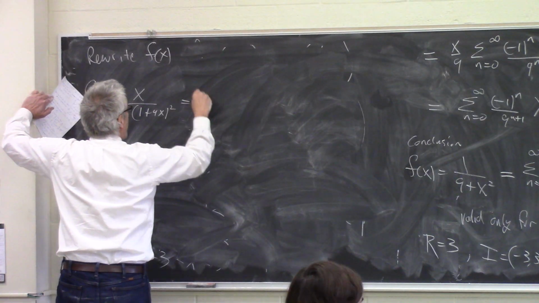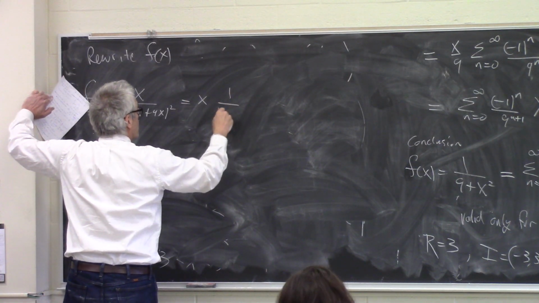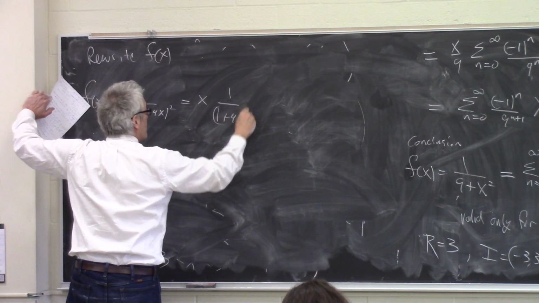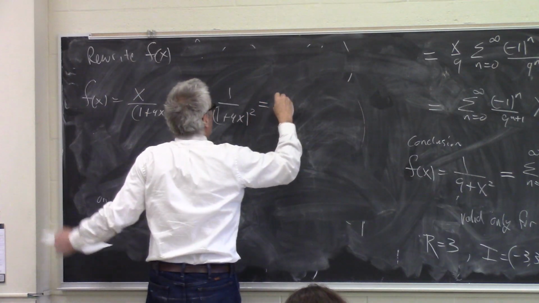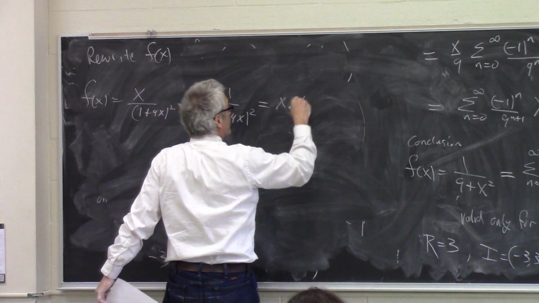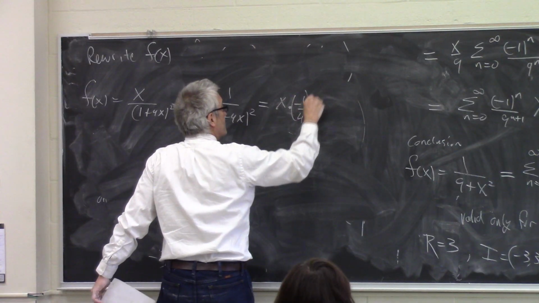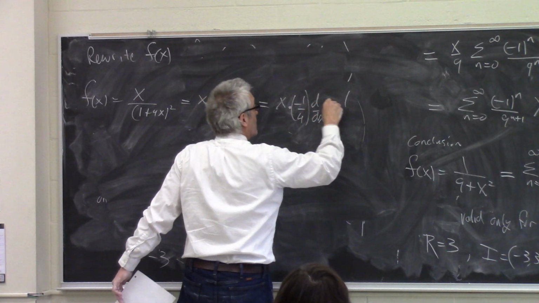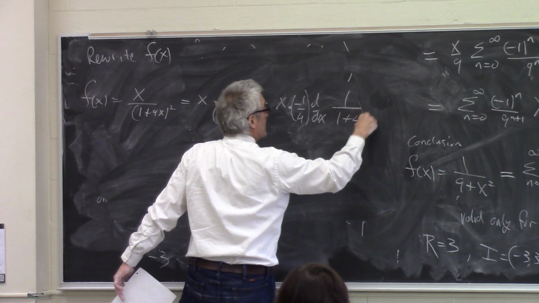And so that's x times 1 over 1 plus 4x quantity squared, and that's x times minus 1/4 times the derivative of 1 over 1 plus 4x.